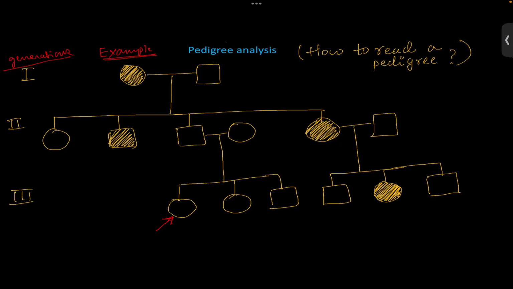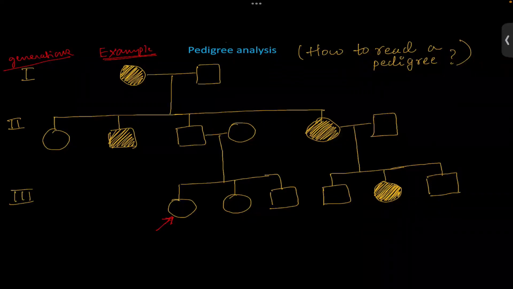Whether your grandparents had the disease or not? How many brothers and sisters do you have? How many brothers or sisters did your father have? Like this we interview a particular person, and then we draw a pedigree like this.